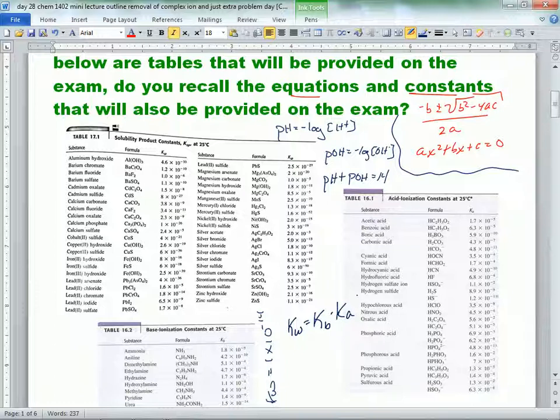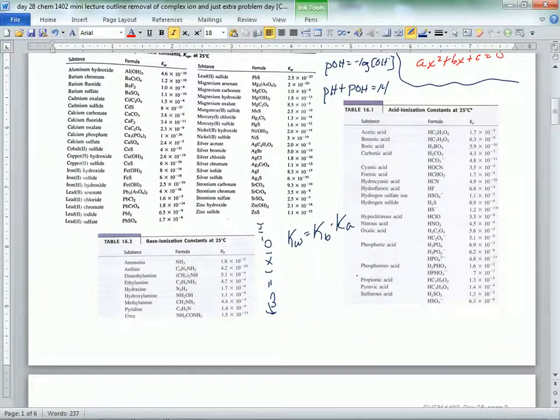Okay, now there's one more. The B word. Buffer. Henderson-Hasselbalch equation. We use this a lot. pH equals pKa plus the log of the concentration of, well, this is how we wrote it.